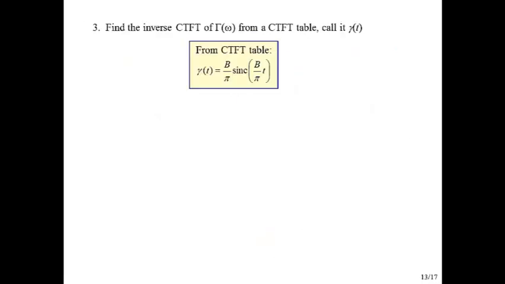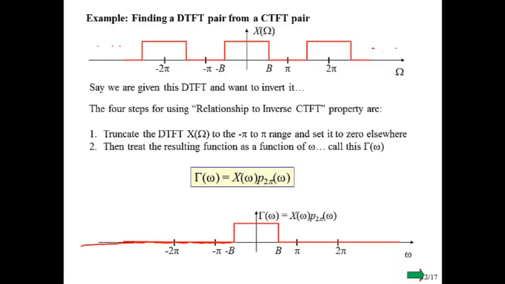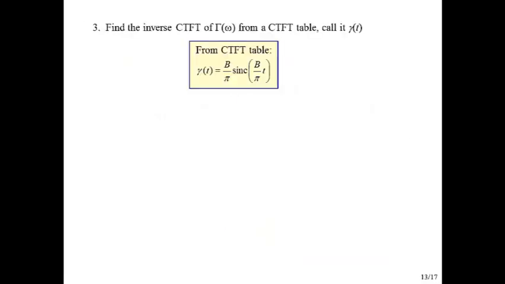The third step says, look this thing up on our CTFT table. So we go back and we say, oh, it's a rectangle as a function of omega with an edge at b, width of 2b. Okay, that's a sinc function. Write out what that is from the CTFT table.